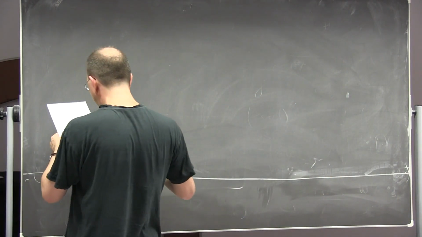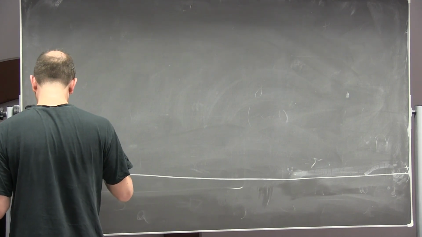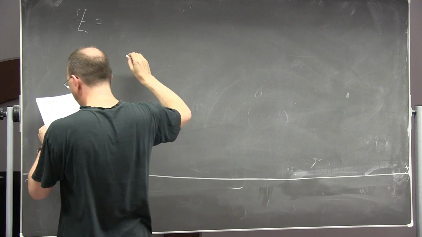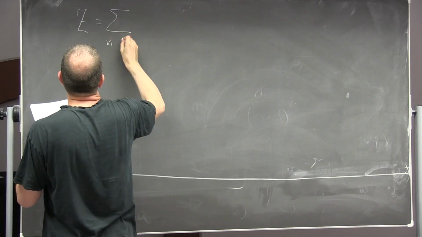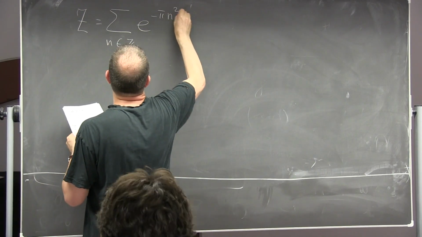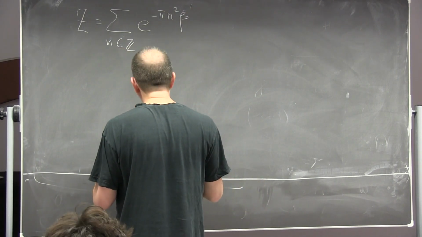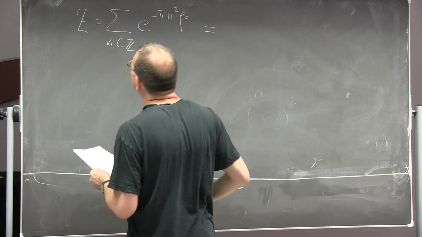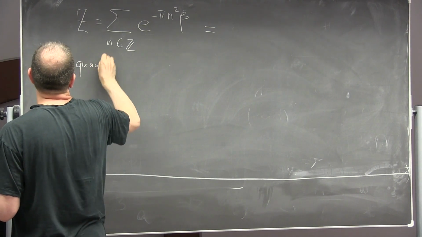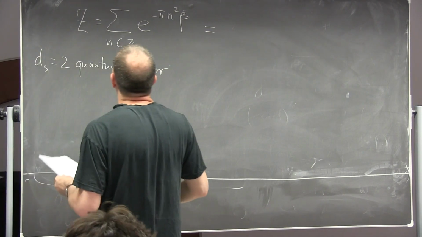So you had the partition function Z, which was the sum over n in integers of e to the minus pi n squared beta, and beta is inverse temperature. So this was a 2-dimensional quantum rotator partition function as a function of beta, right?